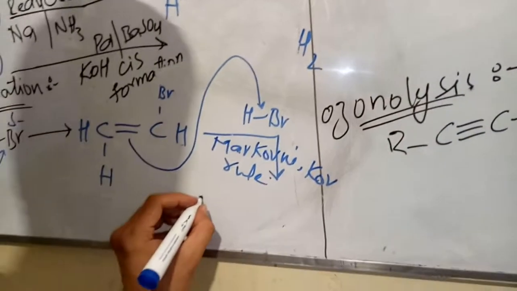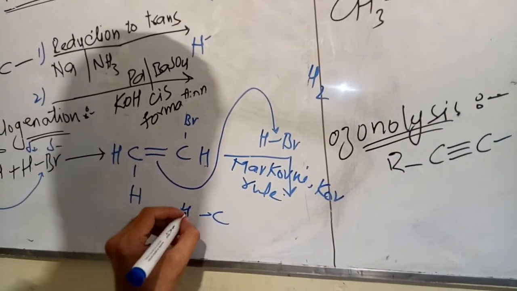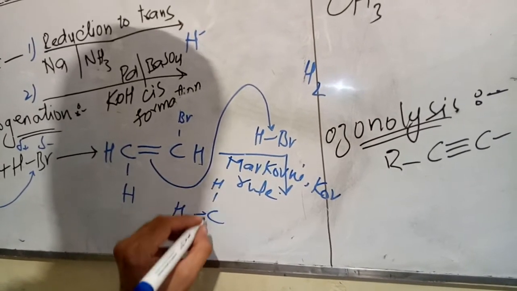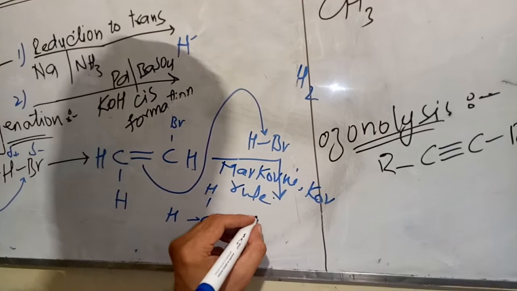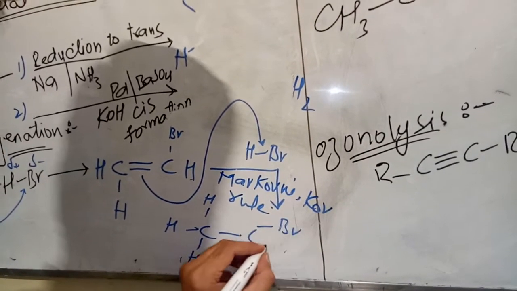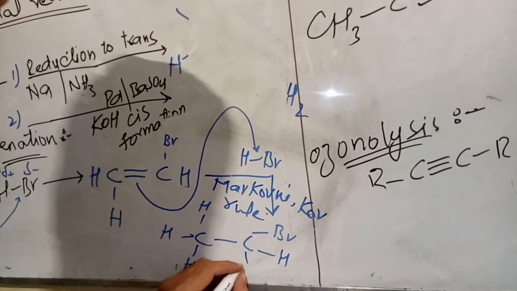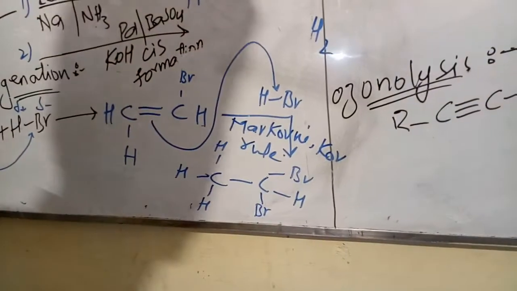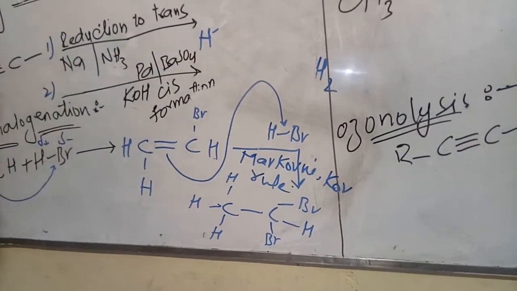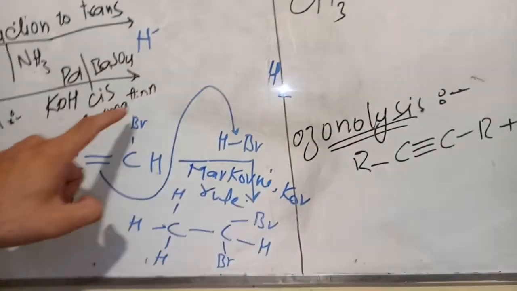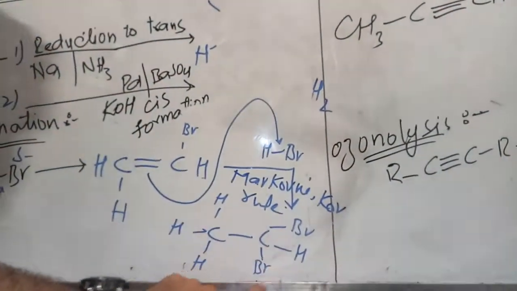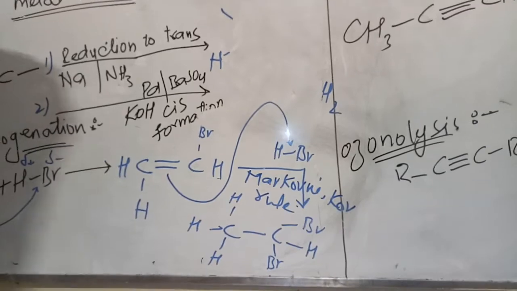So our final product will be CH3-CHBr2. This is our final product in which we used the Markovnikov rule for the second addition. The second bromine is attached at the carbon with the lesser number of hydrogens.